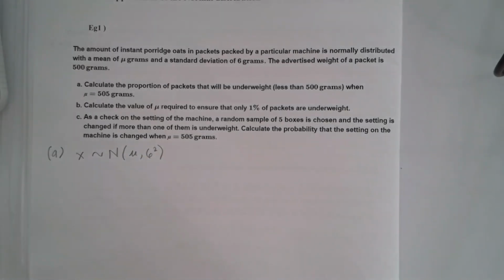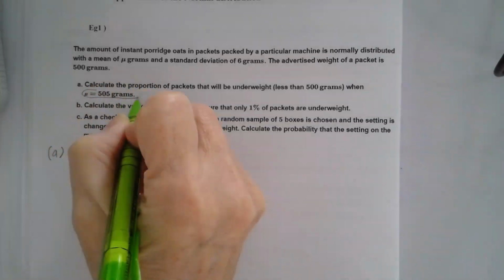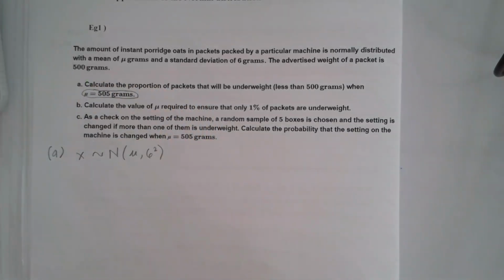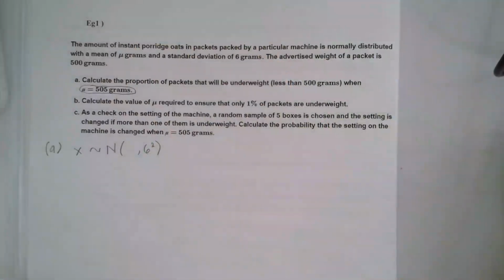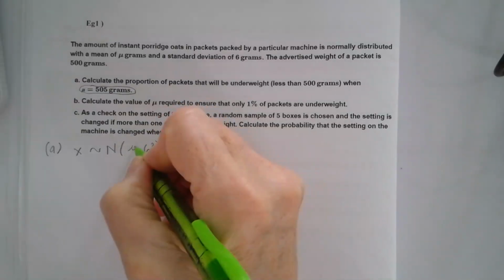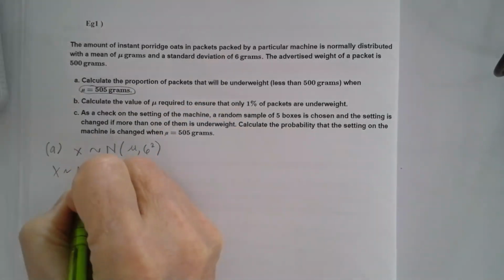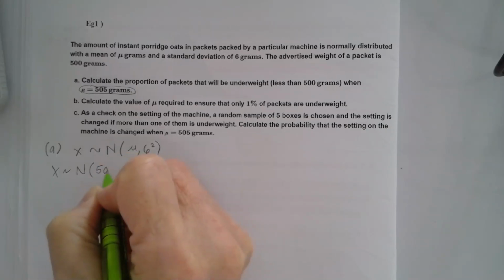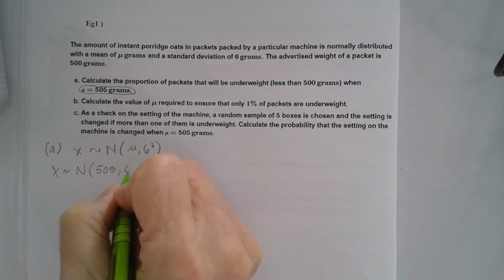Did it say something about 505? Oh, it says here, sorry. I can put 505 in there then. I'm going to put that, and then for my problem I'll go X is normally distributed, because this is just for A, 505 and 6 squared.